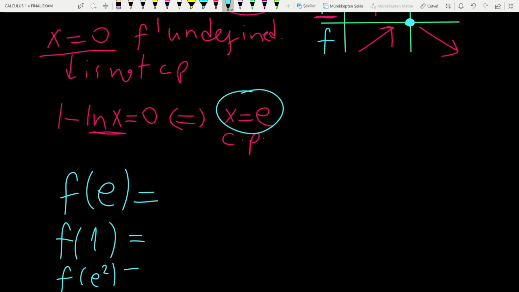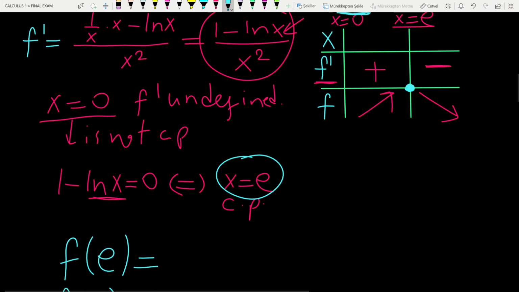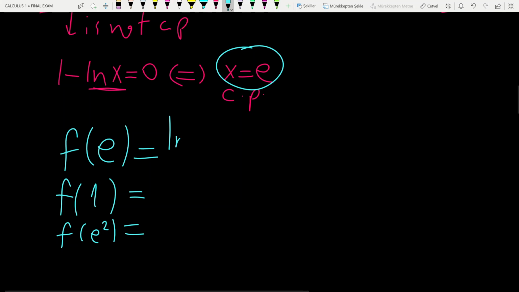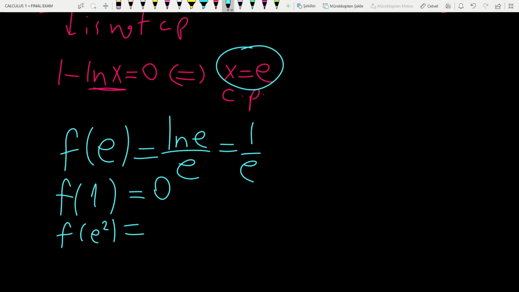Okay. F of e, look at the function again. We have ln x over x. So you have ln e over e, which is 1 over e. For 1, you have ln 1 over 1, which is 0. For e square, you have ln e square over e square, which is 2 over e square. Which one is biggest?